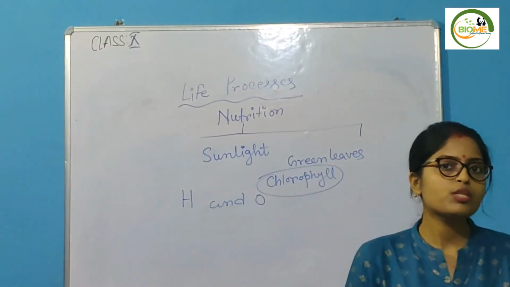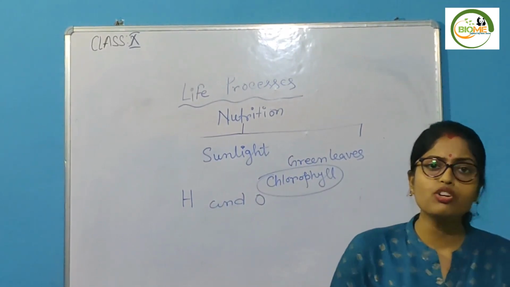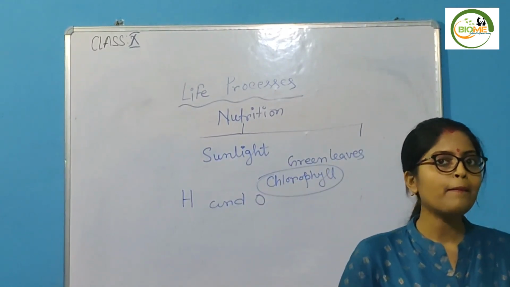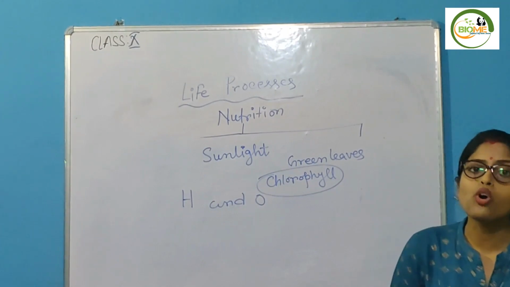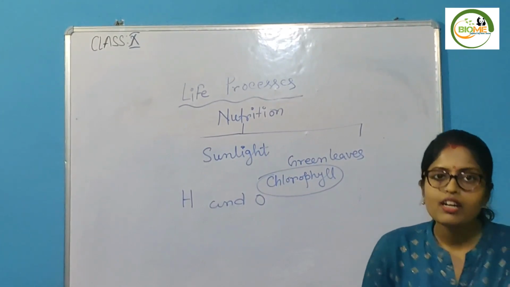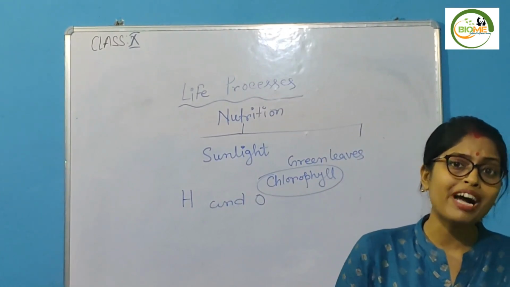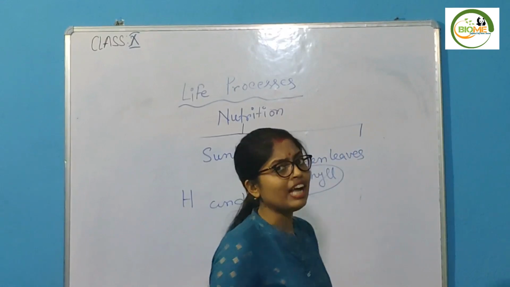The first step is trapping of sunlight with the help of chlorophyll pigment; the second is splitting of water. Water splits into H plus and OH minus ions, hydrogen and hydroxyl ions.